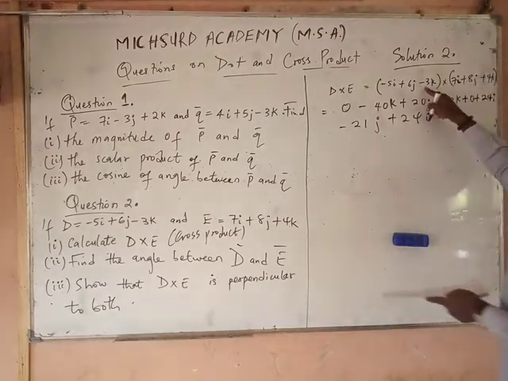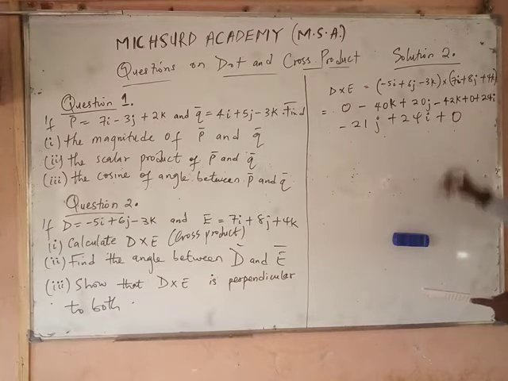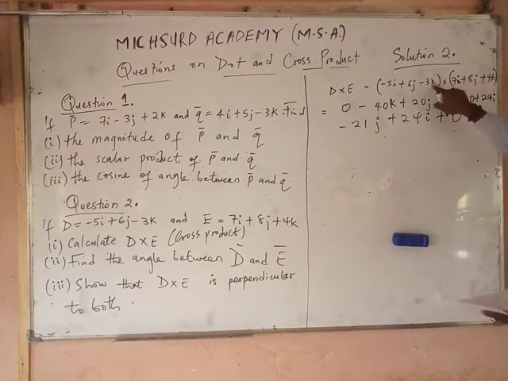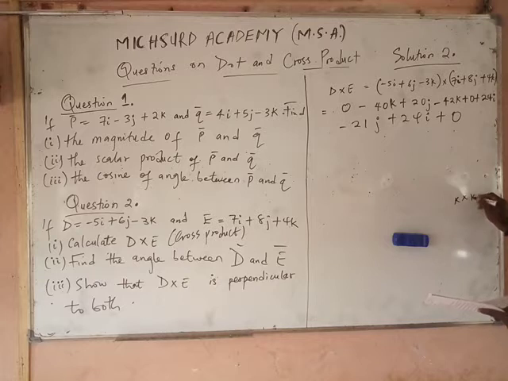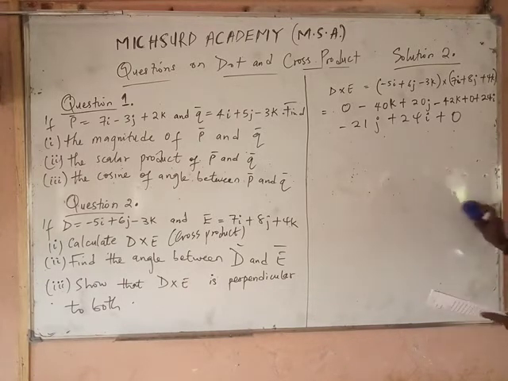Then minus 3K multiply 4K will be equal to 0. Why 0? Because K cross K will be equal to 0. So that is how we get that.